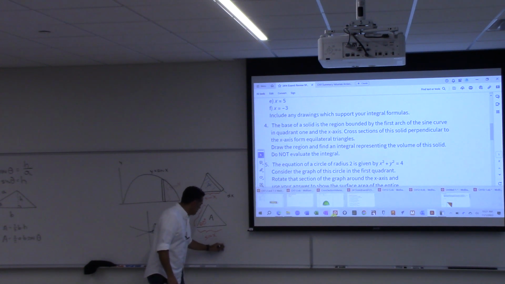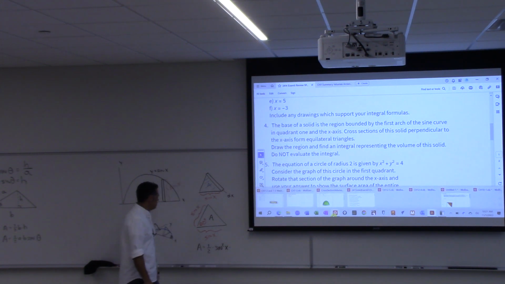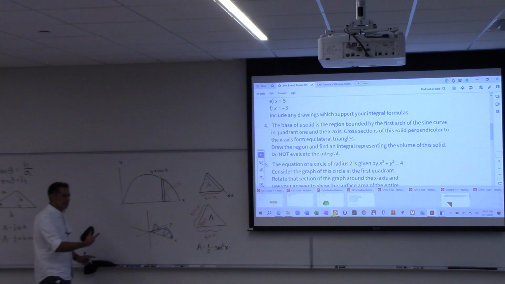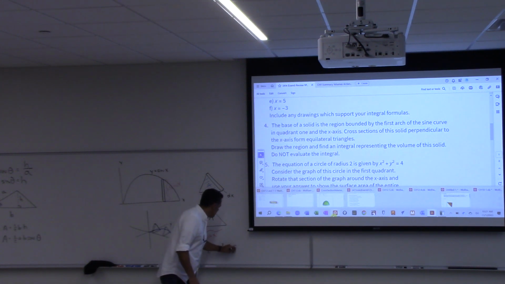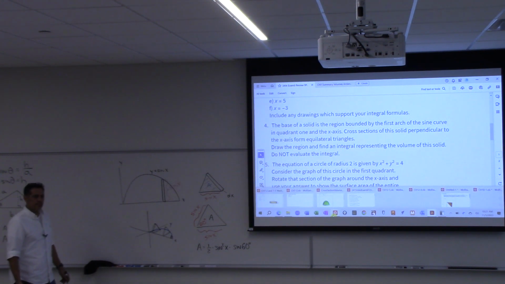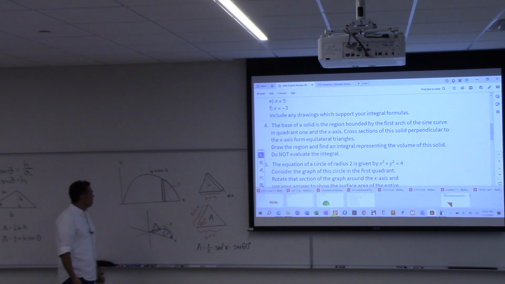So sine squared x times sine of theta, but theta is 60. So sine of 60 degrees. And what is sine of 60 degrees? Root 3 over 2. Square root of 3 over 2.